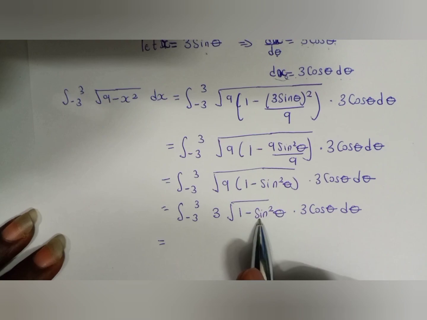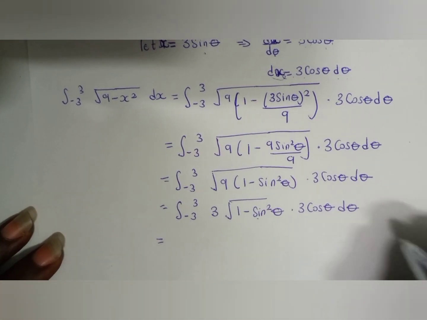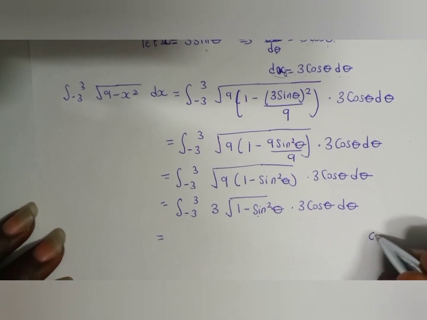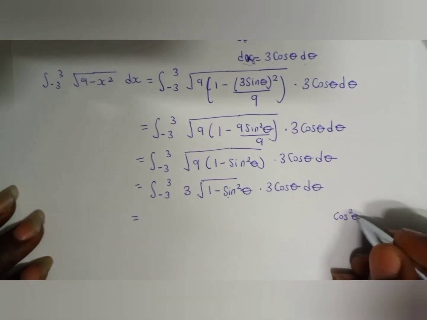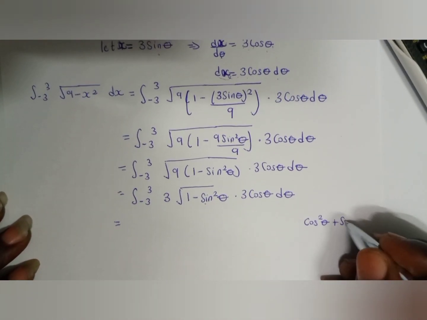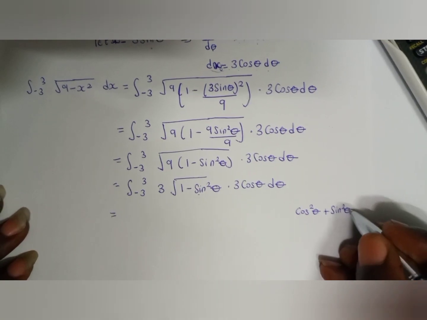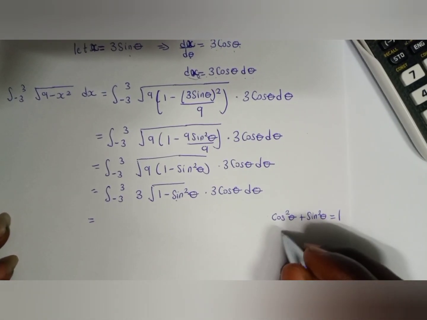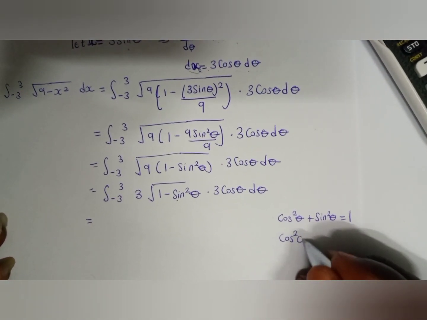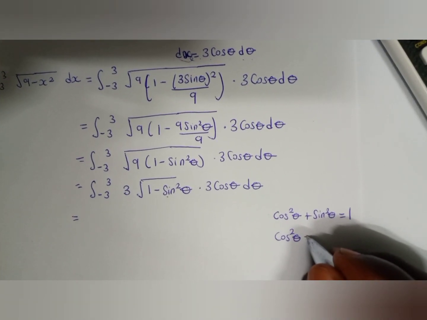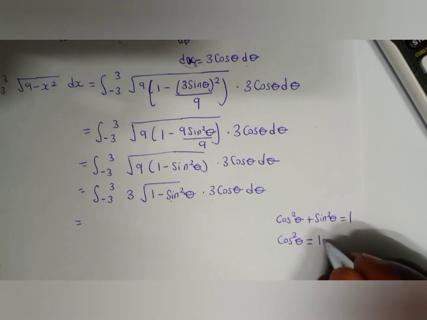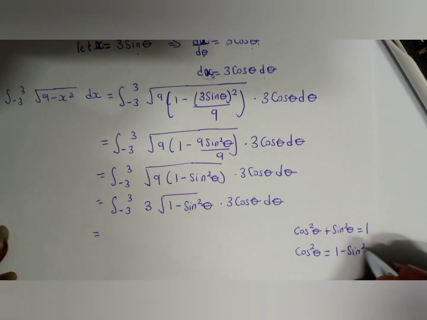But we know that from the trig identity, cos squared theta plus sine squared theta is equal to 1. So when we make cos squared theta the subject, you are going to get cos squared theta equals 1 minus sine squared theta.